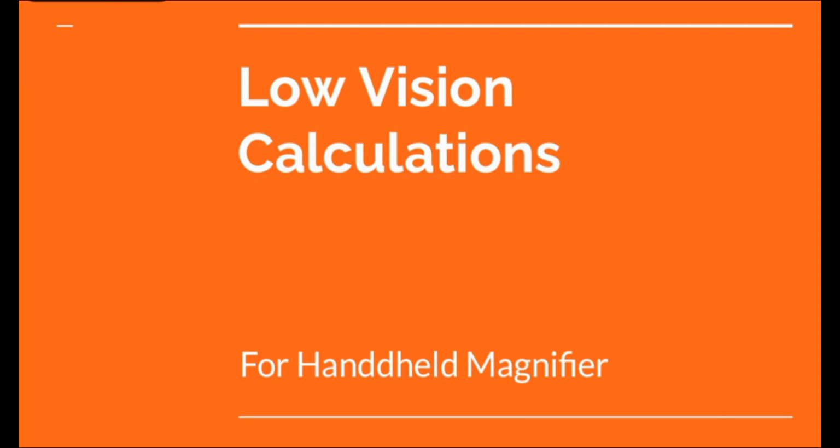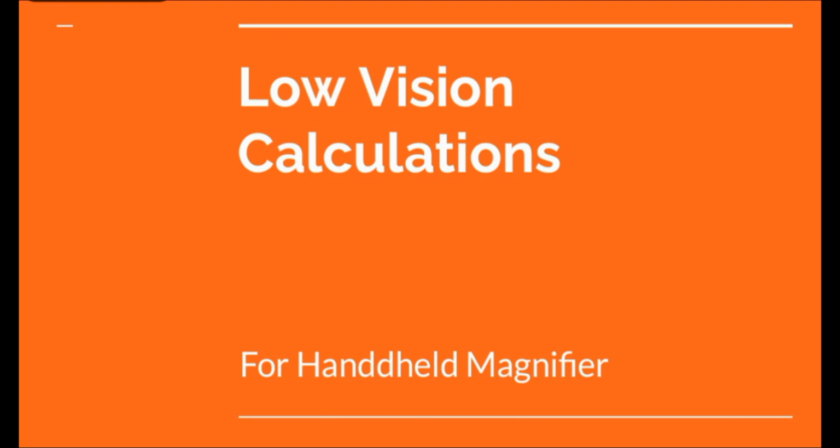In this video we are going to study handheld magnifier calculation. For a low vision patient, if I am giving a handheld magnifier, how much strength does the patient need? We have different magnifications of these magnifiers.